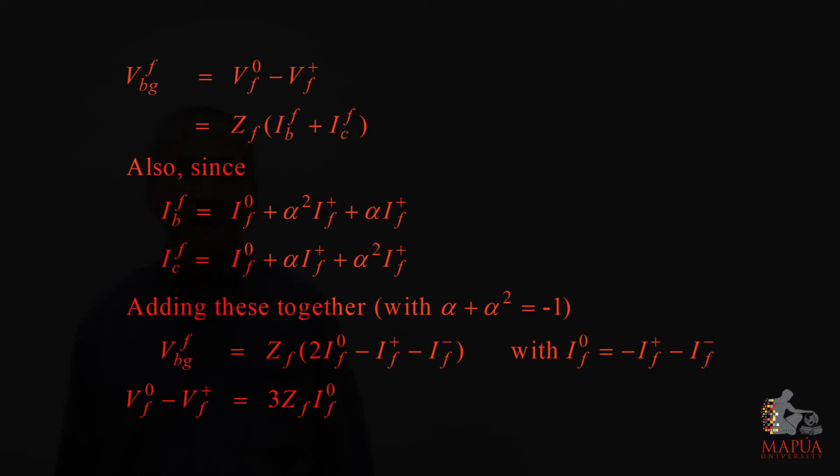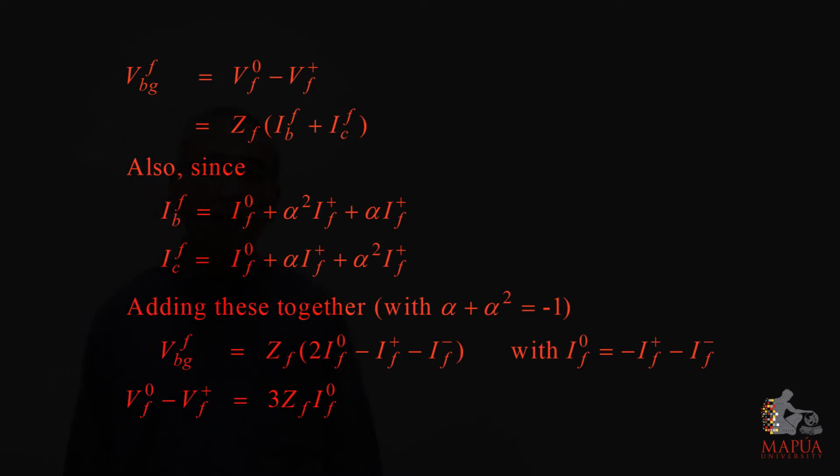Also, since IB is equal to IF zero sequence plus A square IF positive sequence plus A multiplied by IF of the negative sequence, and IC is equal to IF of the zero sequence plus A IF positive sequence plus A square IF of the negative sequence.